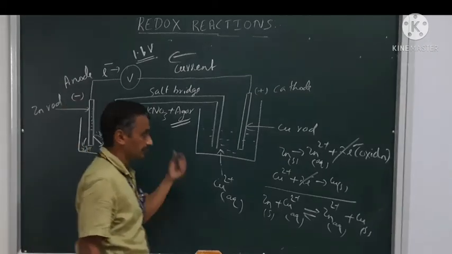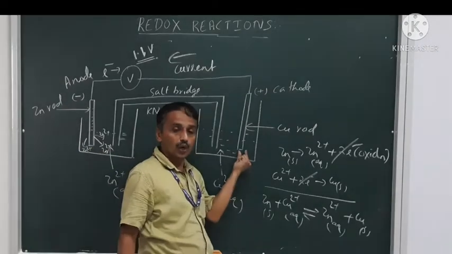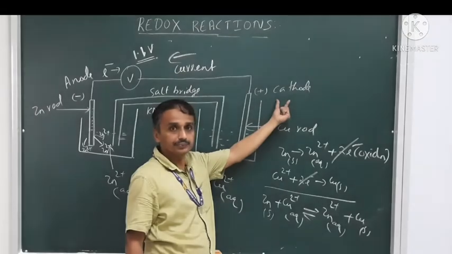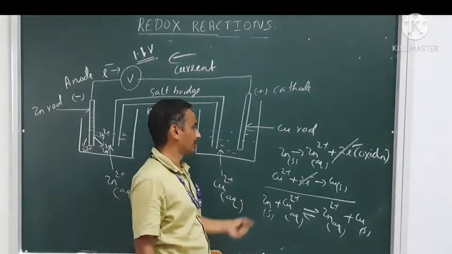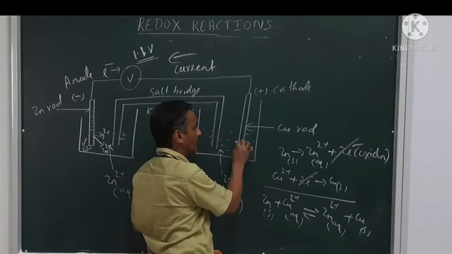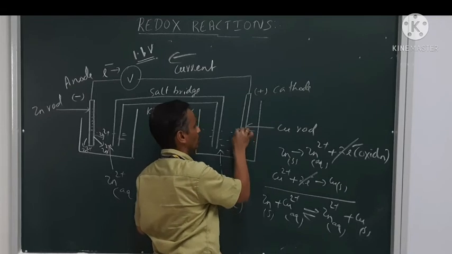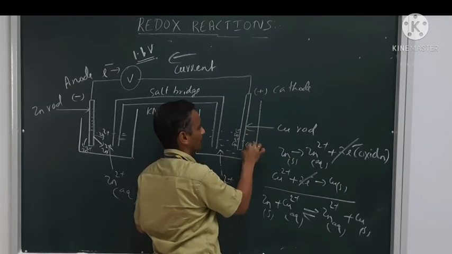Now, you see, the copper rod is undergoing reduction over there. So from the solution, Cu2 plus comes over here. Cu2 plus, Cu2 plus, Cu2 plus will be there.